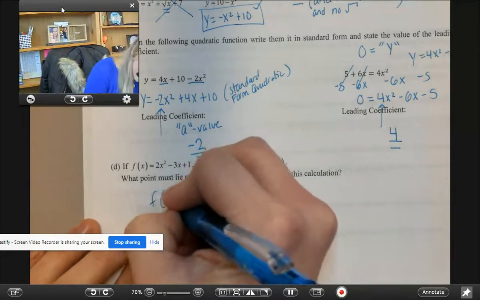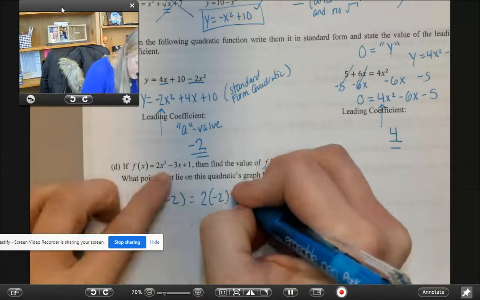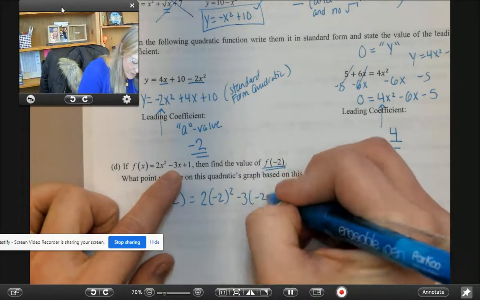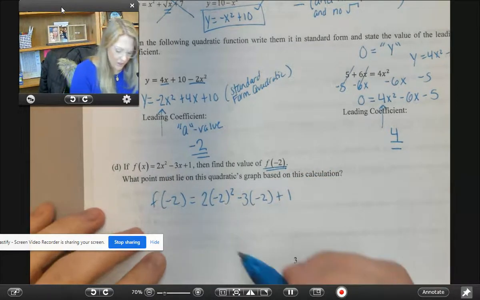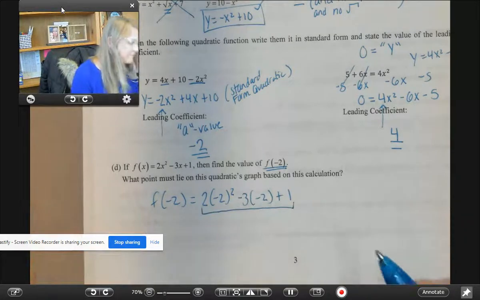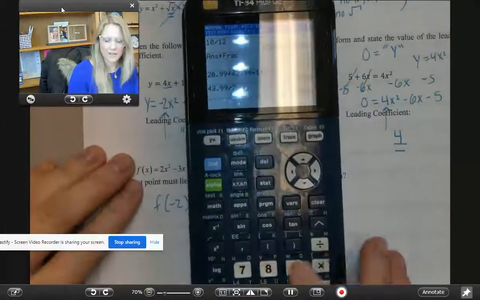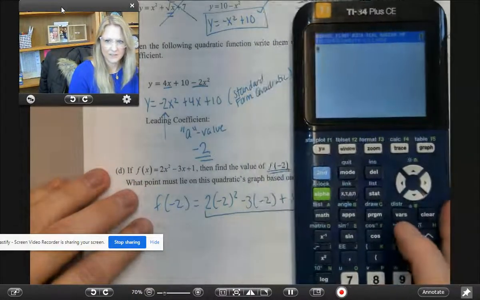So f of negative 2, we're going to take x out, and put -2 in, and notice I'm using parentheses. Okay, and now we're going to go and evaluate this in our calculator. Okay, we clear this out. Apologize for the glare. That's a little bit better.